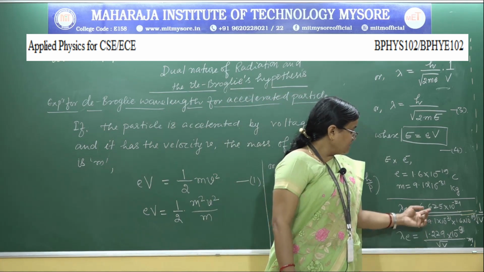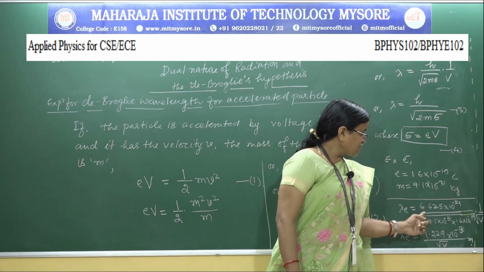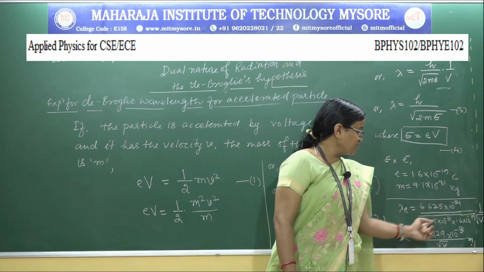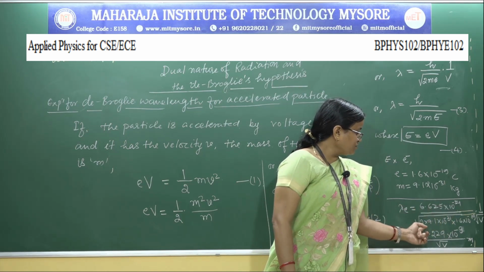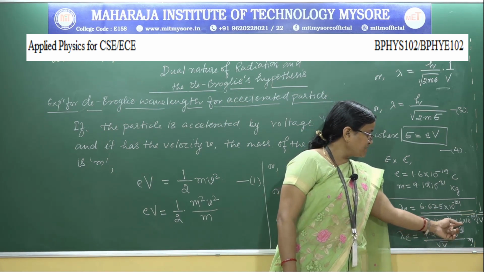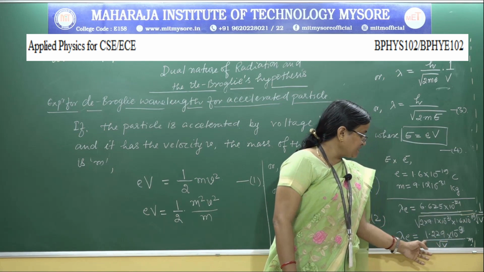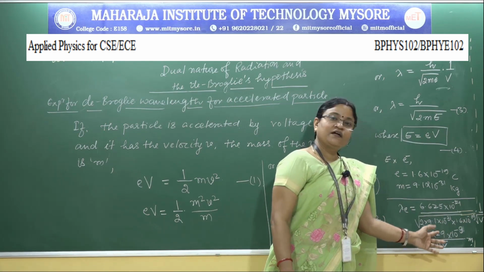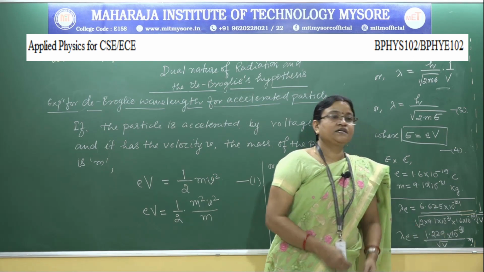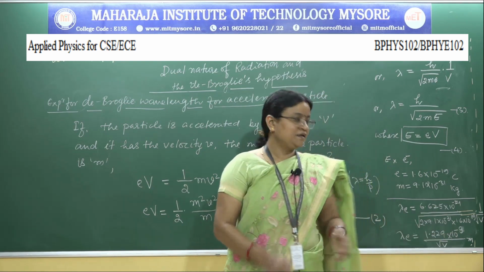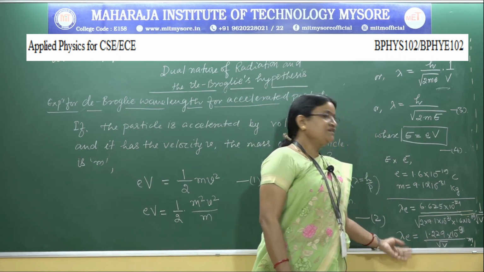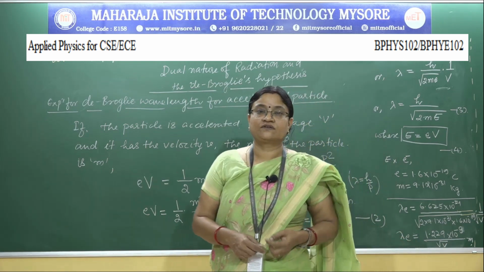So if you calculate 6.625 into 10 to the power minus 34 divided by square root of 2 into 9.1 into 10 to the power minus 31 into 1.6 into 10 to the power minus 19, you will get 1.229 into 10 to the power minus 9, and when you divide by the square root of the voltage value, you will get the wavelength of the electron.